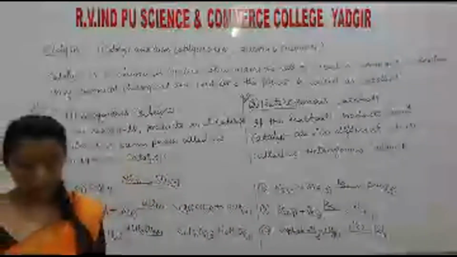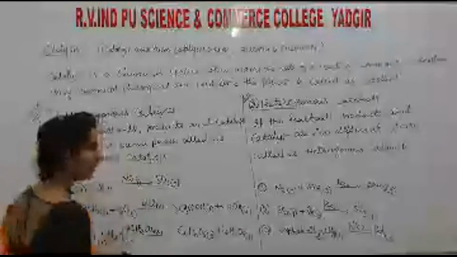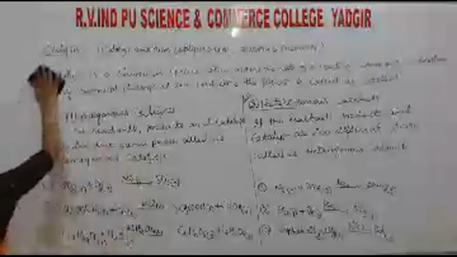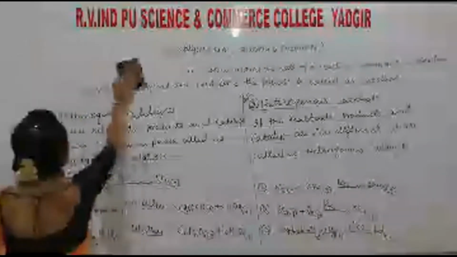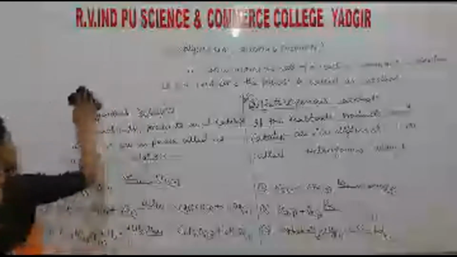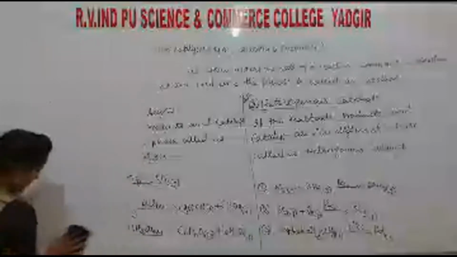So the next one is, students, the absorption in catalyst. A very important thing is absorption in catalyst. How the catalytic property takes place, especially when the catalyst is solid and the absorbing species are gases.